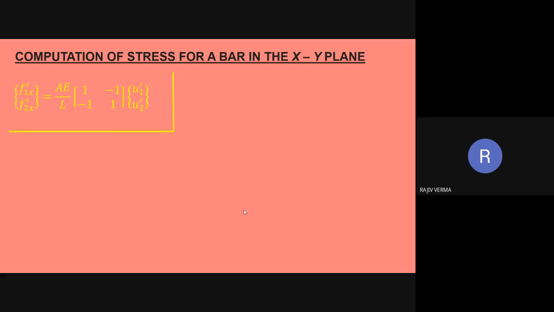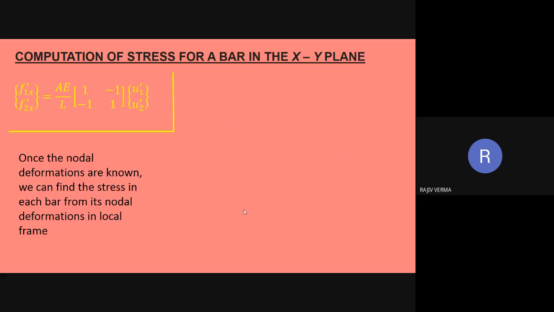And similarly, there are going to be no forces perpendicular to the x-axis, that is perpendicular to the bar. Once the nodal deformations are known, we can find the stresses in each bar from its local deformation in local frame.